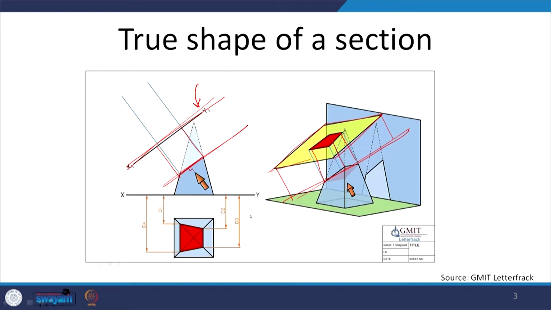So, the true shape of the section will be projected on an auxiliary plane parallel to the section plane. Now, where do we draw the auxiliary plane? That will depend upon the position of the section plane, to which plane it is perpendicular, to which plane it is inclined. We will gradually see in upcoming lectures how to draw the true shape of the section along with the section of the solid.